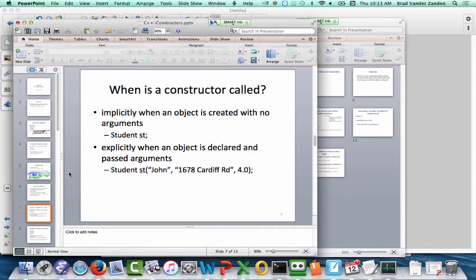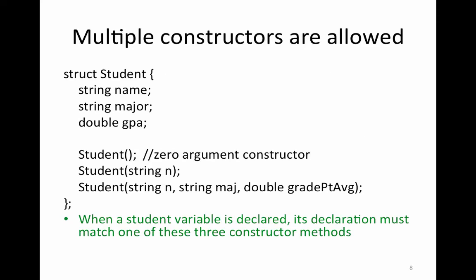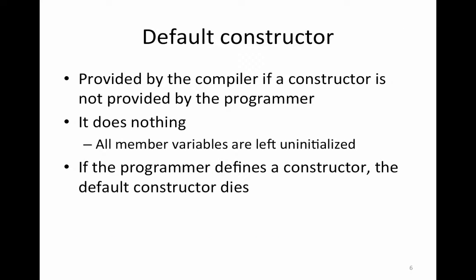Okay, that's perfectly okay. In that case, the compiler manufactures a constructor for you. It builds a factory, and this so-called constructor factory takes no arguments, and it does nothing. We call it a stub function because it simply leaves the member variables uninitialized.